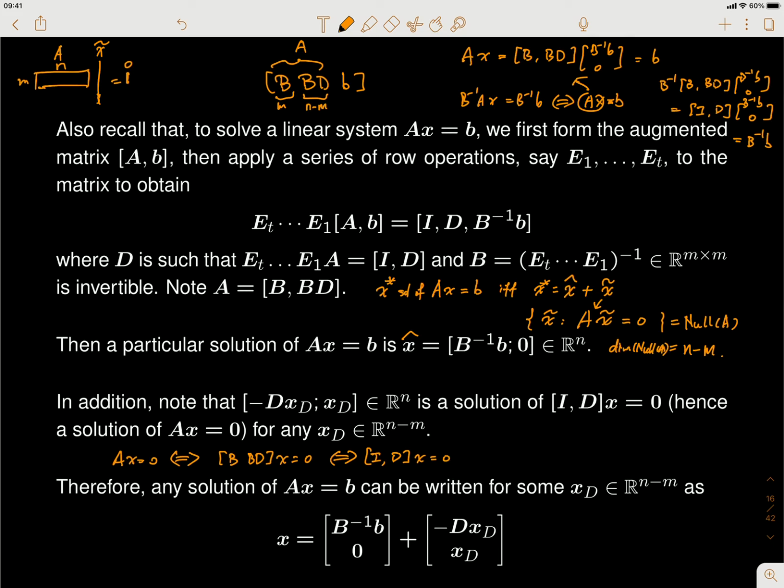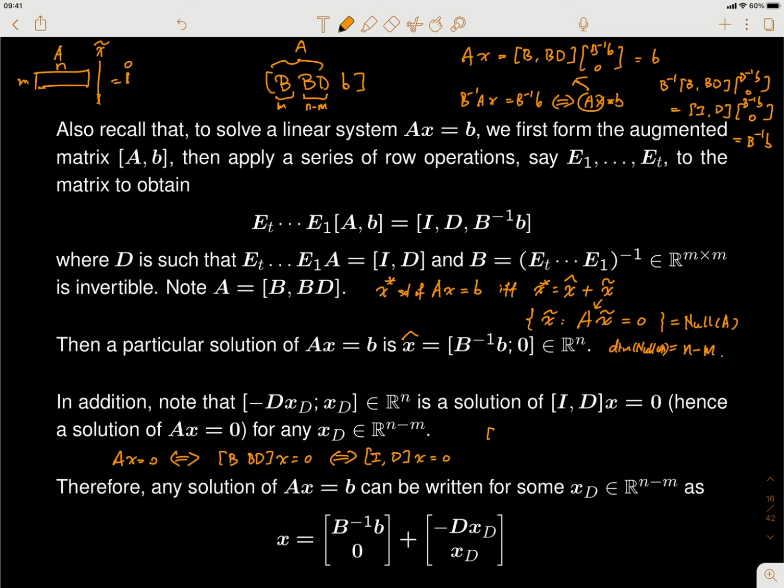Okay, for this to be 0, the X can be any one of these. X_D is an arbitrary n minus m dimensional vector, and we just need to multiply this vector by negative D, then this will make this equality hold.